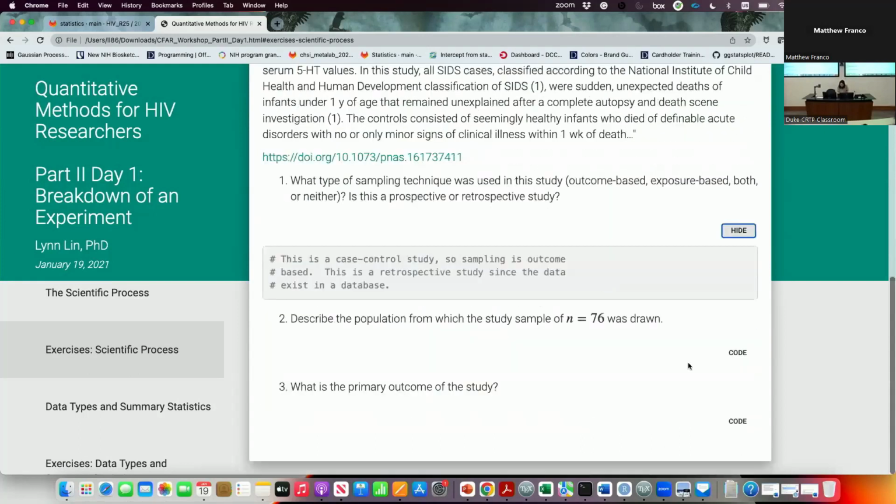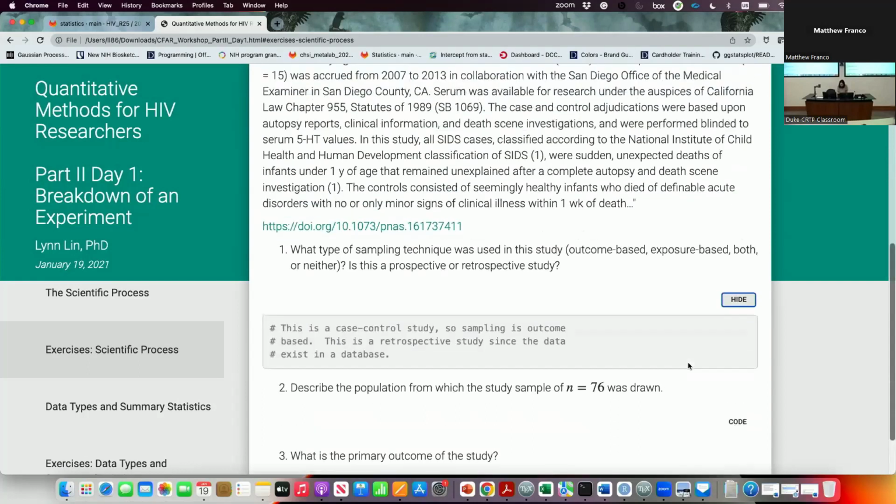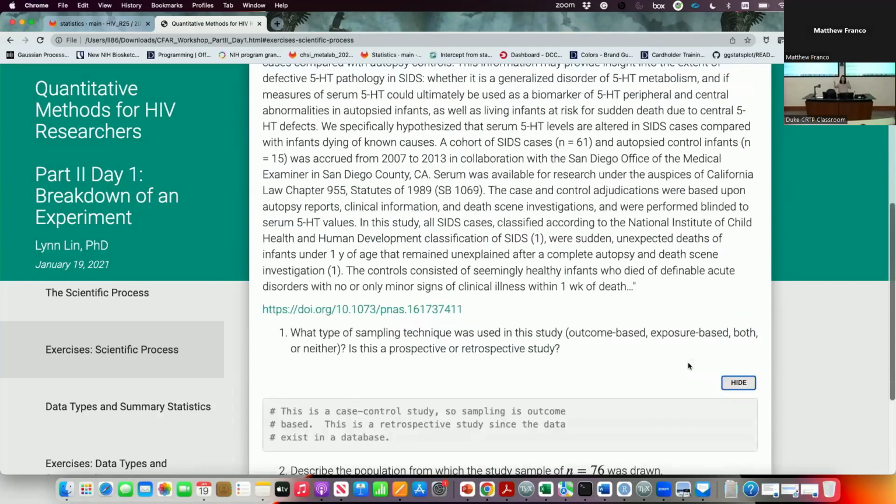Yes, right. Okay, so now describe the population. The population would include the samples from both cases and controls, right? Combining them, what's the population we are interested in? Yes, the SIDS infants as well as the non-SIDS, because the population has to include both cohorts. So basically the infants died under 1 year of age, right?